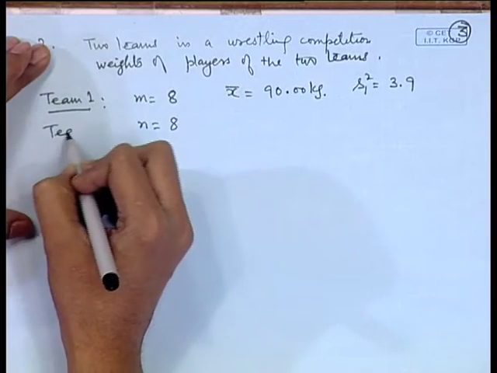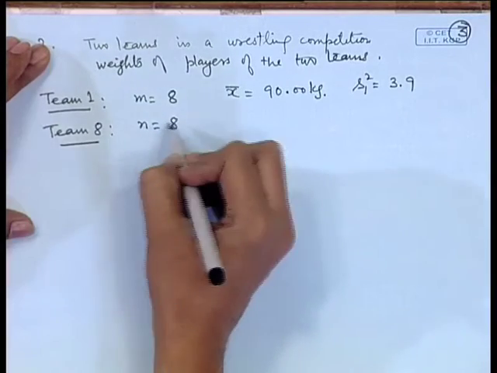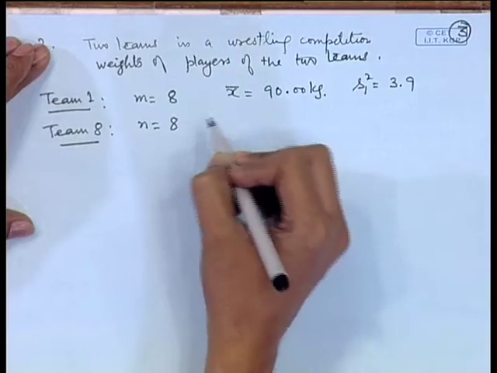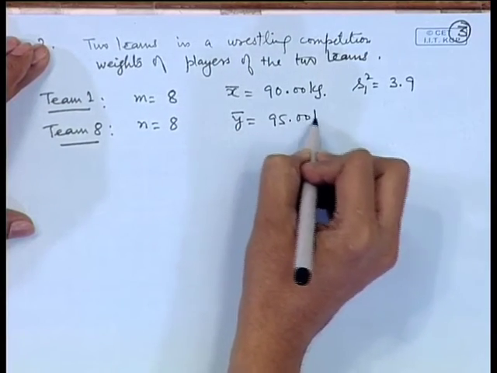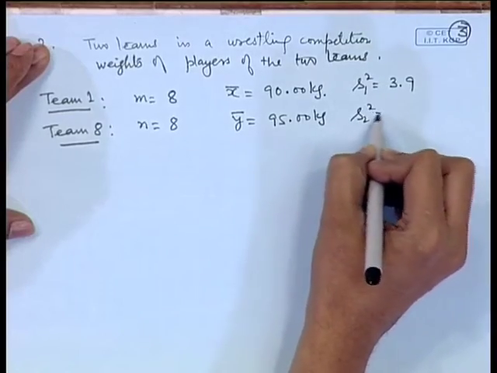From the second team, another set of 8 wrestlers was selected randomly. Their average weight turned out to be 95 and S2 square turns out to be 4.